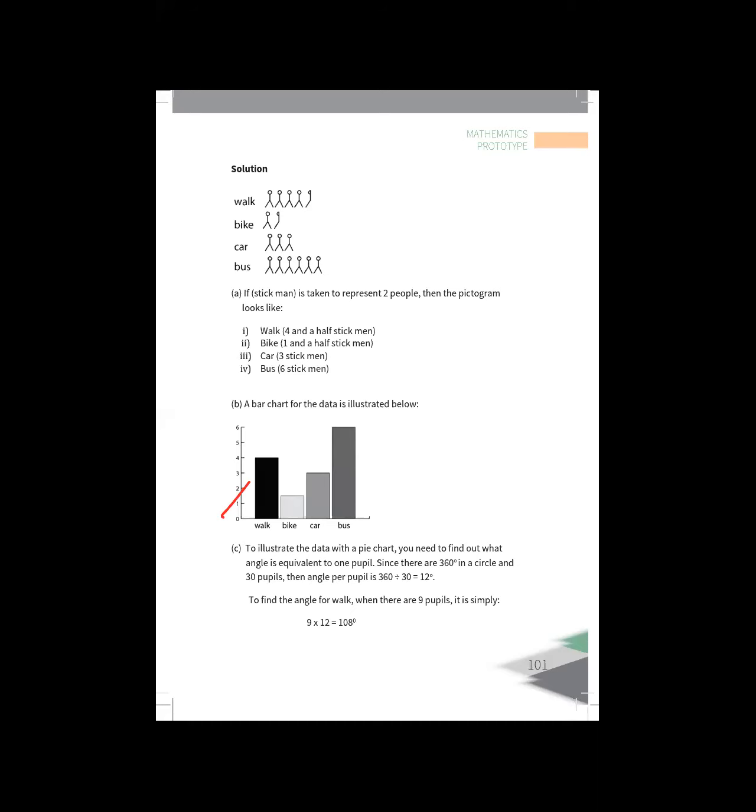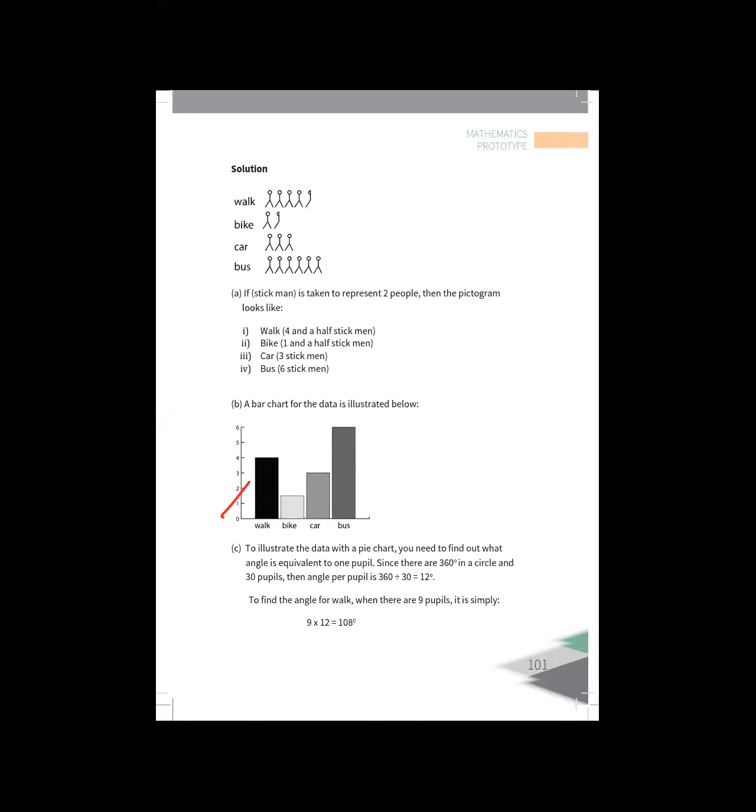That should be consistent for all the numbers. And for the horizontal, you can say I will choose 2 boxes to represent a walk, a bike, a car, or something.